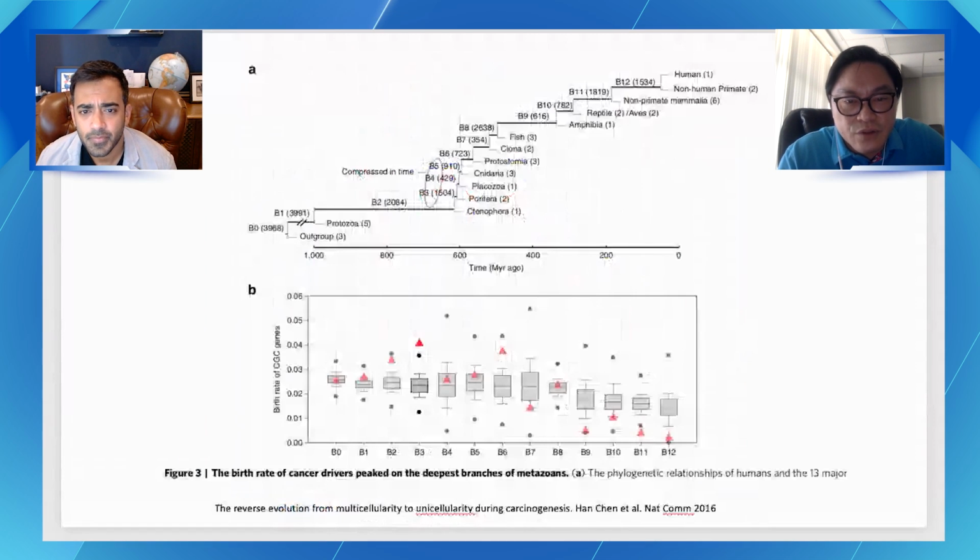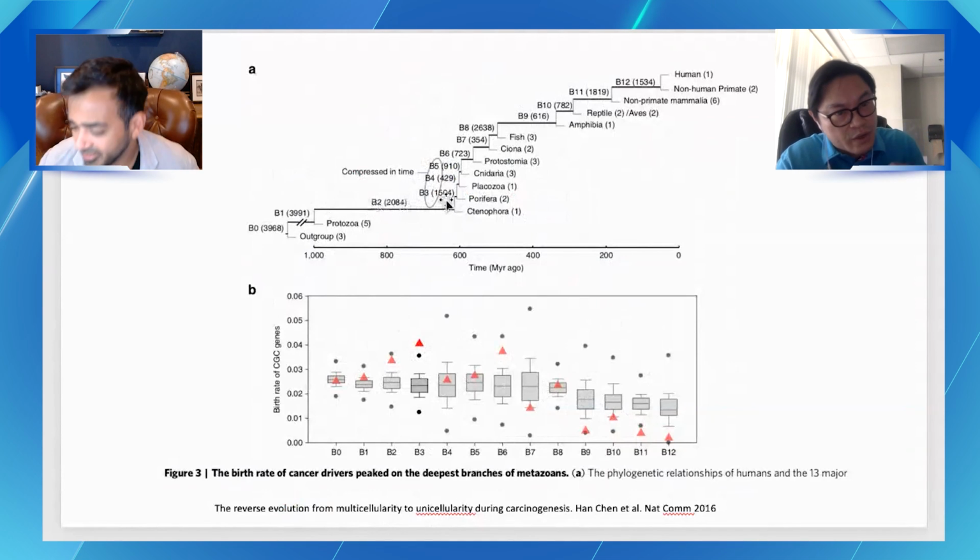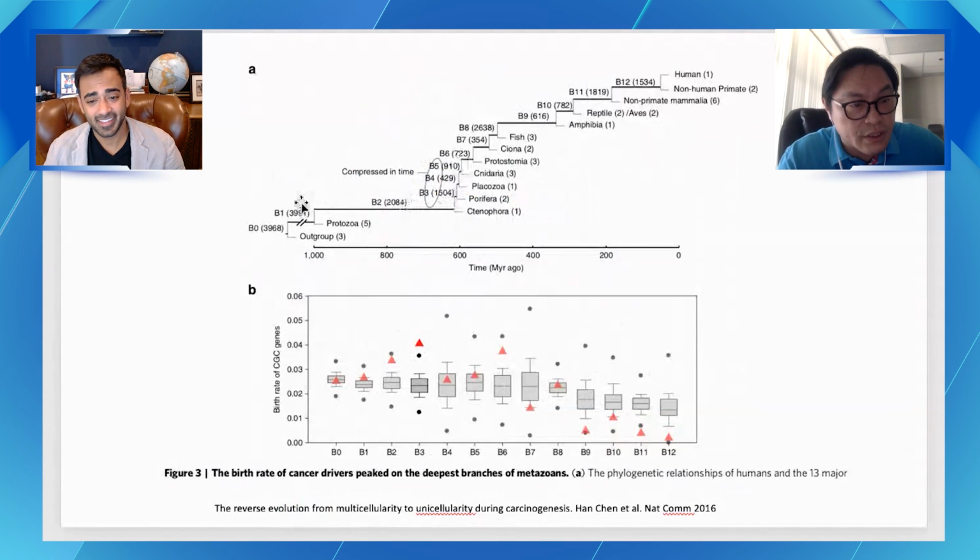If you look at when these genes are mutated across the phylostrata, everything is roughly in line with where it's supposed to be, but all the mutations happen right here, which is from protozoa, single-celled organism, to multi-celled organism. That is exactly when. It's mind-boggling, truly it is.